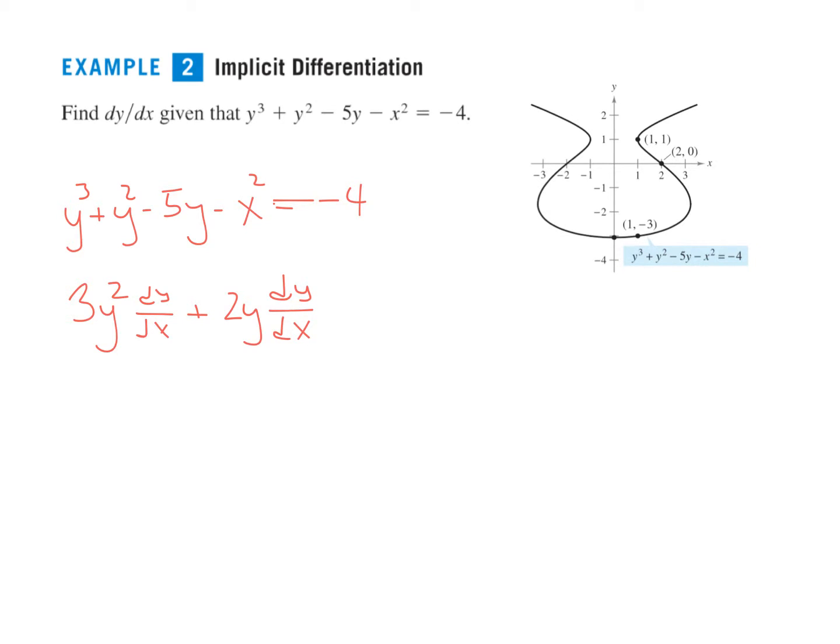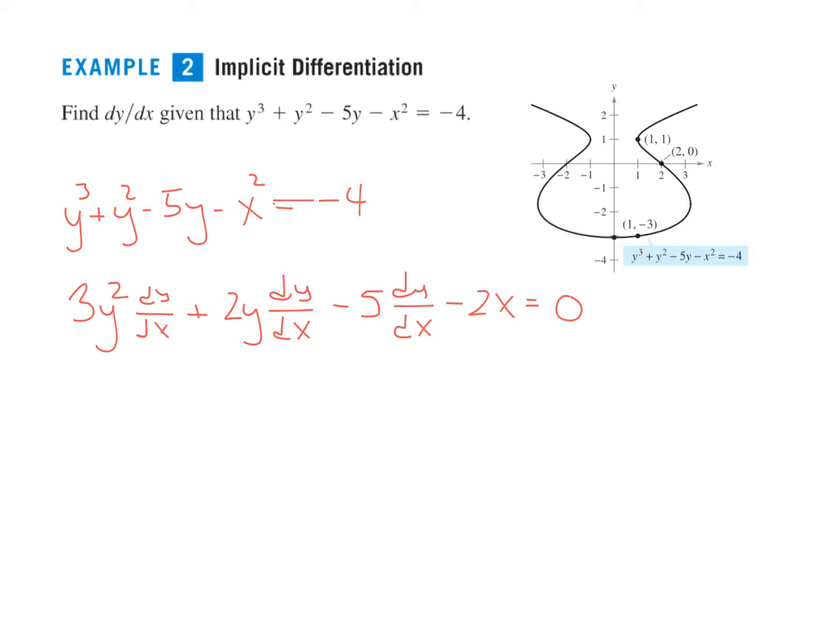The derivative of negative 5y is negative 5 dy/dx. The derivative of negative x squared is just negative 2x. And the derivative of negative 4 is 0. So now we've differentiated both sides of the equation.